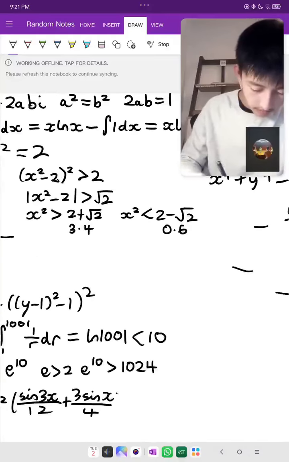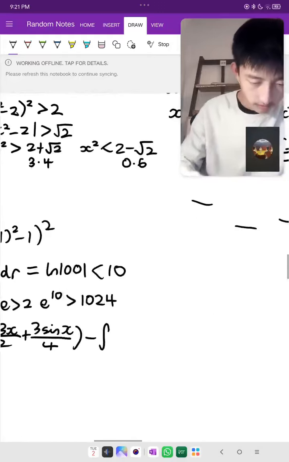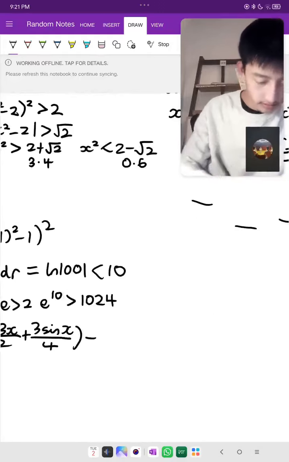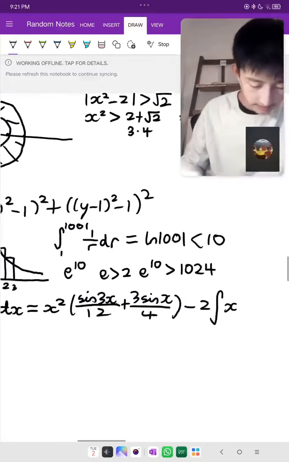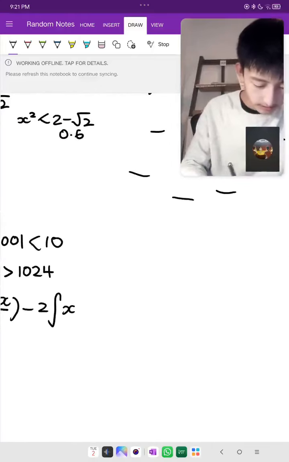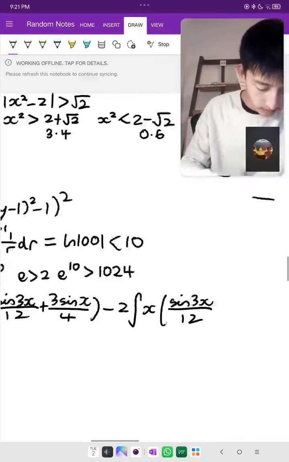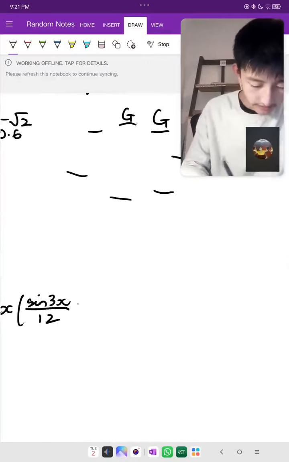Then minus, or well, I might as well say 2 times the integral of x, and then this entire thing: x sine 3x over 12 plus 3 sine x over 4 dx.